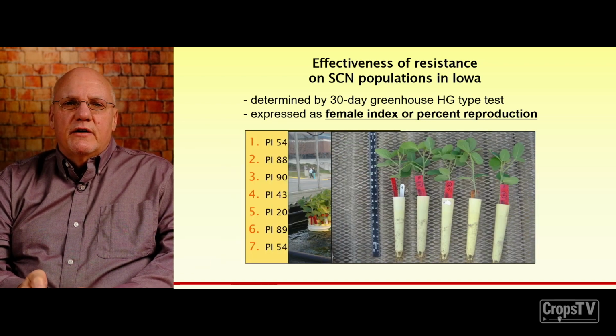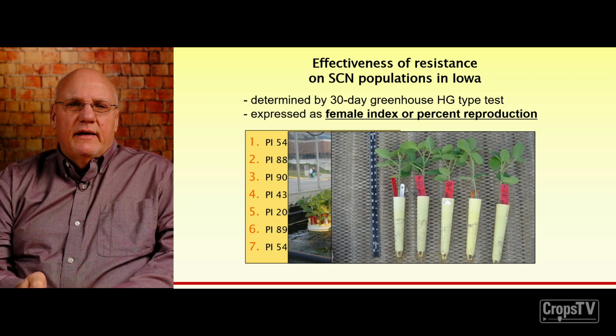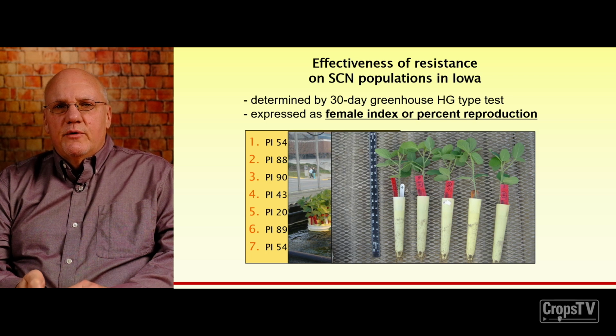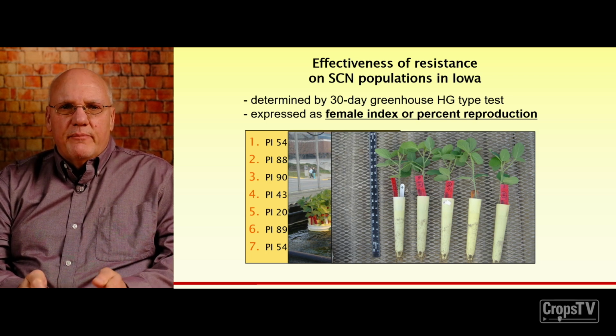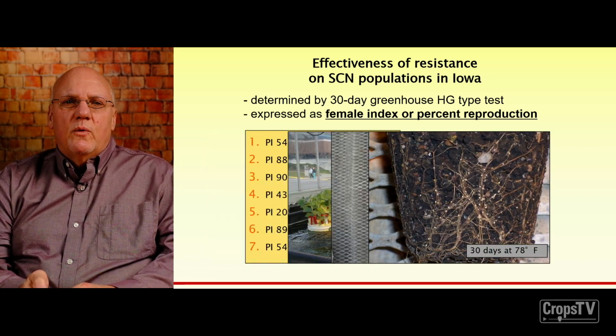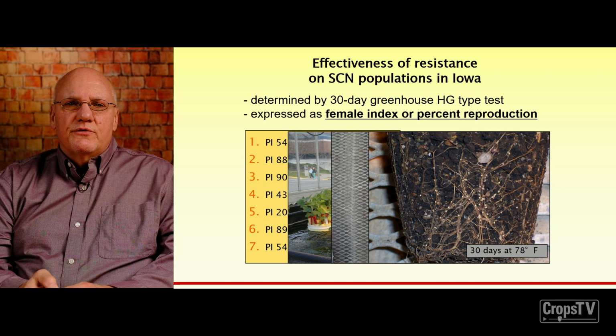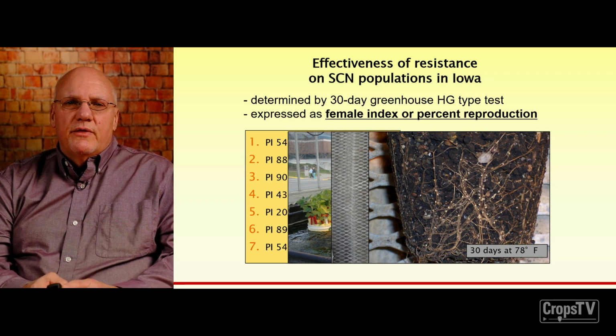We grow them for 30 days, and this is what the soybean plants look like at the end of those 30 days. And then one by one, we carefully remove the plants and roots from each cone, including susceptible plants as a reference point, and we count the number of little white females that form on each root. And here we see an image with lots of little white females on the roots.